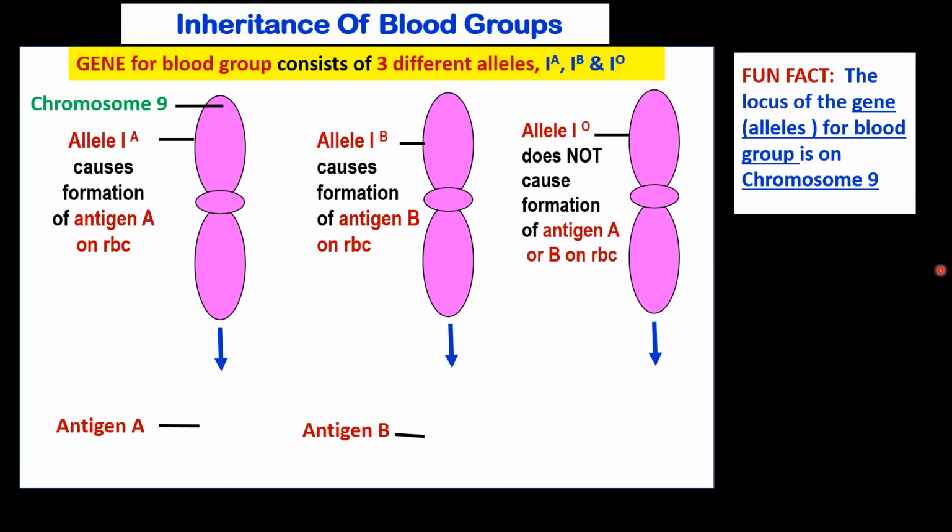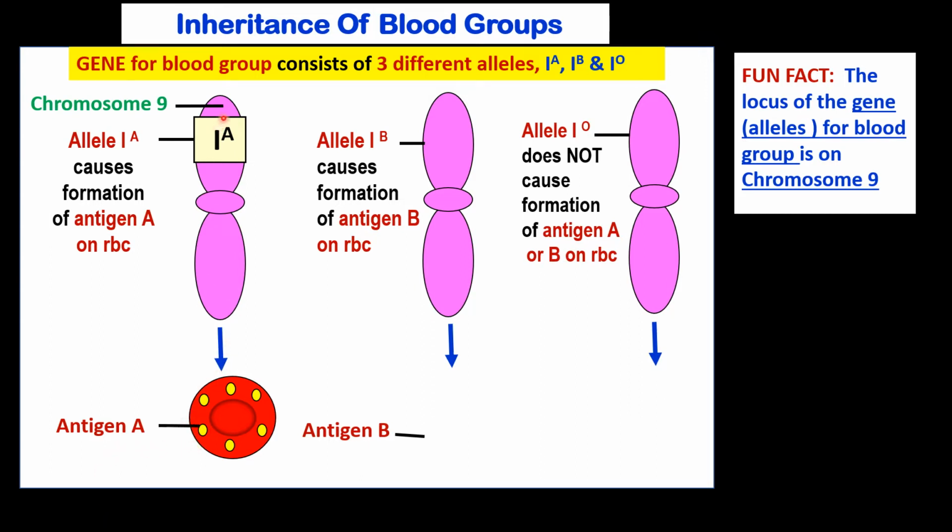So the first allele is IA, and it is found on chromosome number 9, just like alleles IB and IO, right? So allele IA causes formation of antigen A on red blood cells. So if a person has this allele IA, his red blood cells will have antigen A on them, all right?